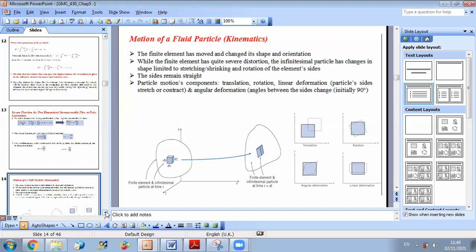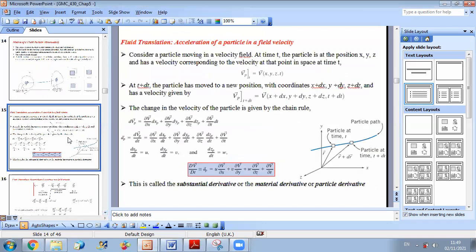Now, to start with, we will define the acceleration of a particle in a velocity field. If you consider a certain particle moving in a velocity field, we can characterize the velocity of the particle as a function of the position in the flow field x, y, z and the time t.